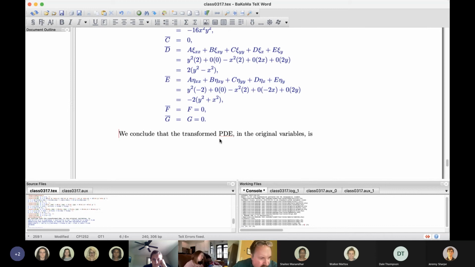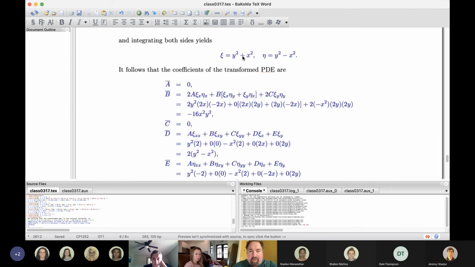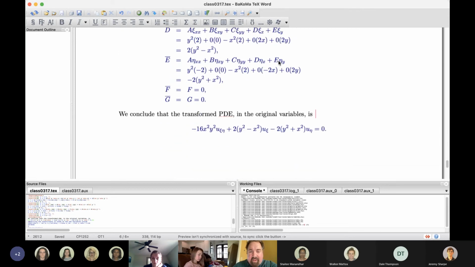So the transformed PDE, but in the original variables, because that's what I filled in here for D bar and E bar, looks like this. But what you'd like to do is write this PDE entirely in terms of xc and eta. You want x and y out. So what helps is if we go up here, y squared plus x squared, that's xc, and y squared minus x squared is eta.